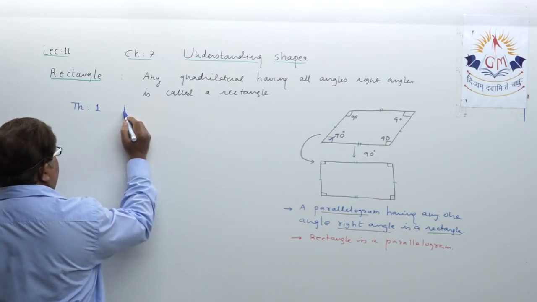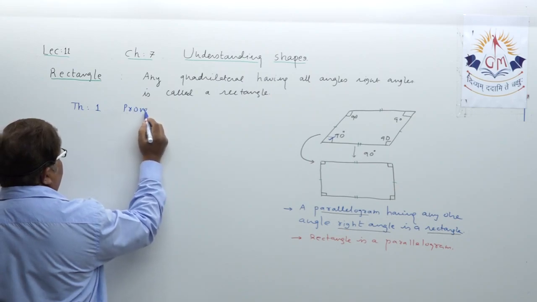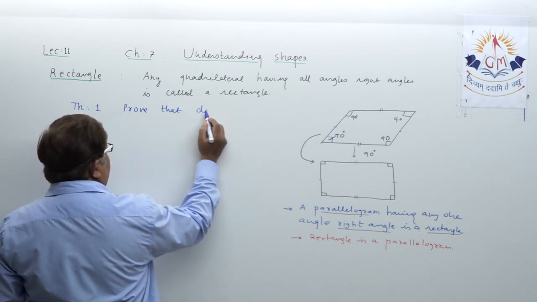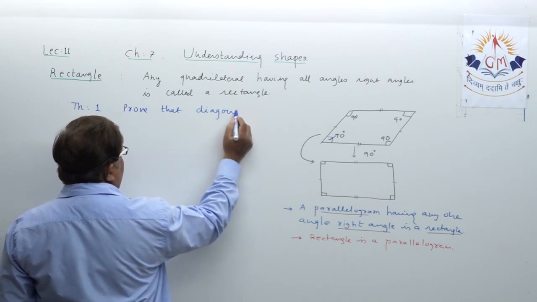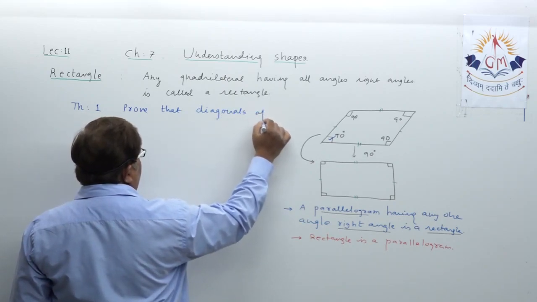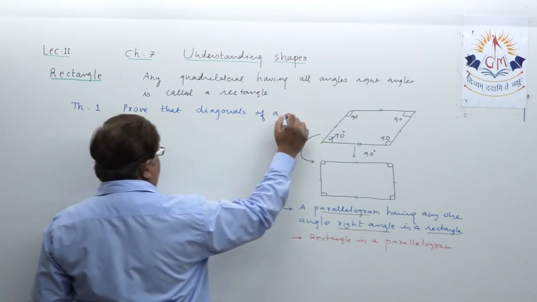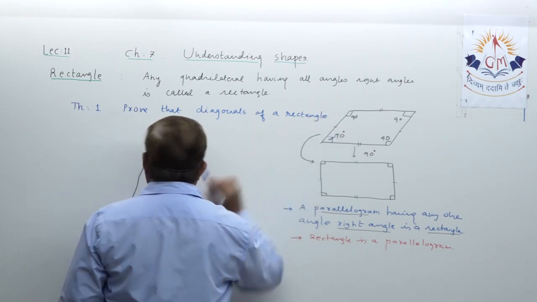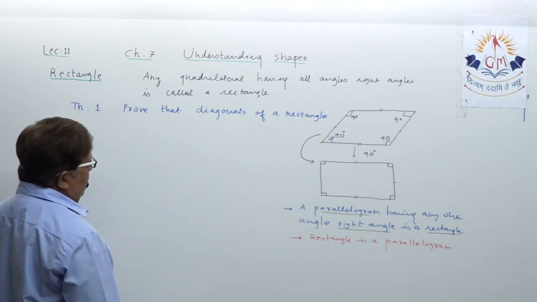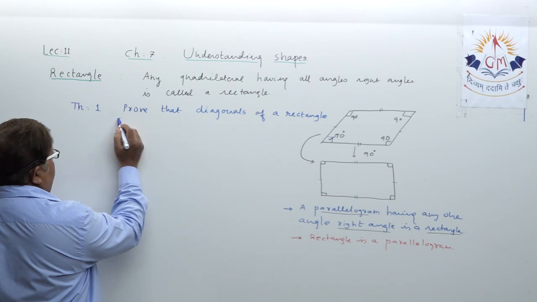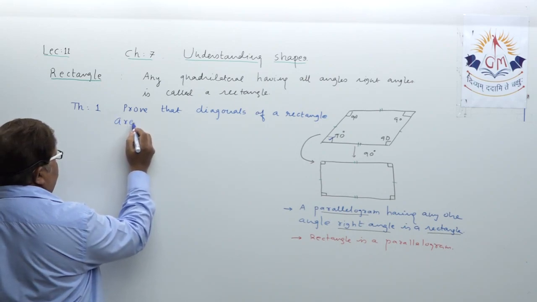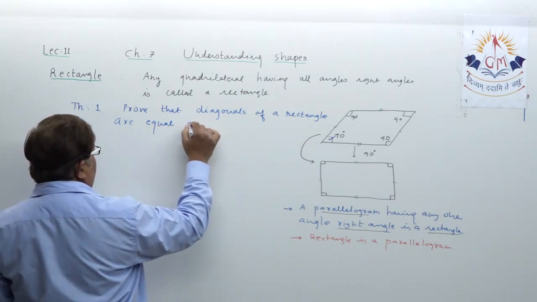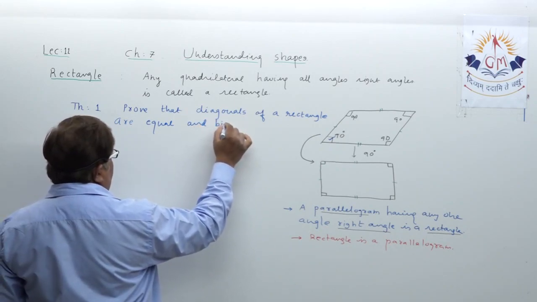First you write the statement. Prove that diagonals of a rectangle are equal and bisect each other.